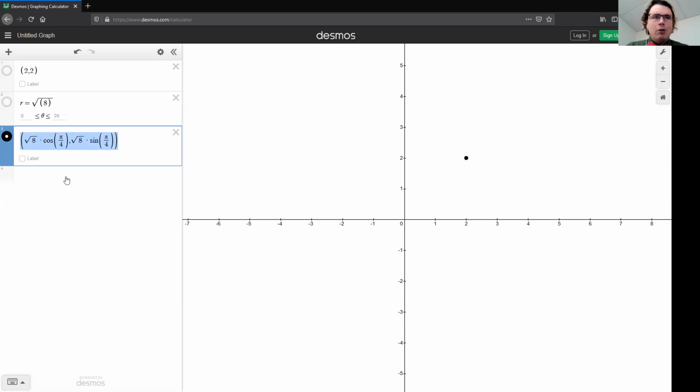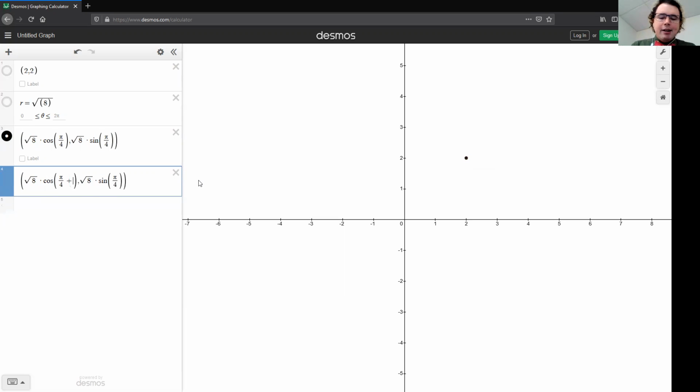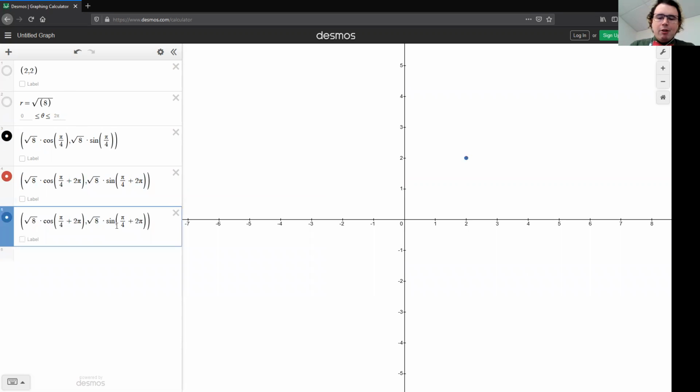And what I was saying earlier, I can add 2 times pi to my angle measure. Both the cosine function and the sine function are periodic, with period equal to 2 pi. So I have lots of different ways of writing the same coordinate.